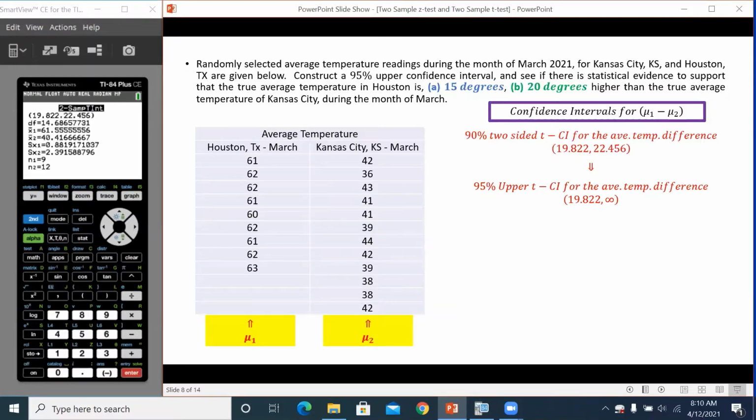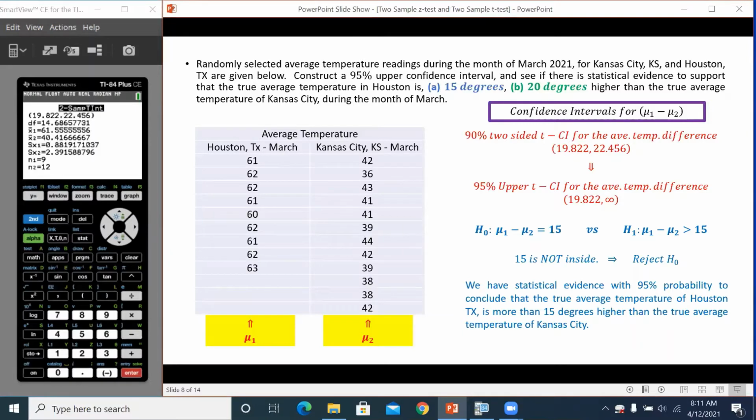For part A, we have to see if the temperature difference is greater than 15. This means the null hypothesis, hypothesized mean difference, mu1 minus mu2 is equal to 15. The alternative hypothesis is the hypothesized mean difference is greater than 15. Therefore, we have to see if 15 is inside of the confidence interval. No, 15 is not inside.